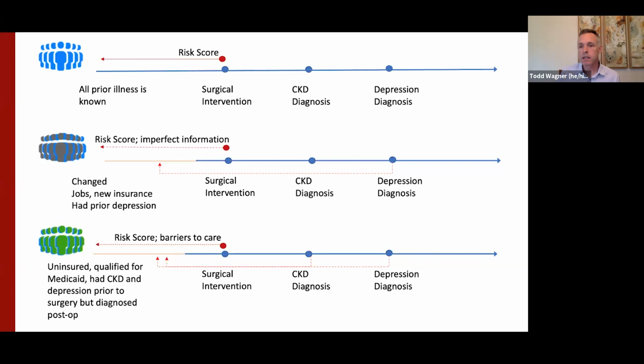Whether it's structural racism or structural access to care, those underlying conditions were actually manifest prior to the surgery, but showed up in the diagnostic codes afterwards. So I think people are starting to recognize that the data we have don't allow us to perfectly identify the timing of these things. Implicitly, there can be some latent timing as well. So over time, people have been more comfortable with concurrent risk scores.